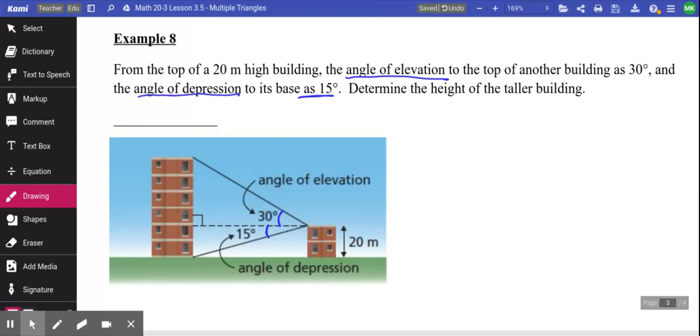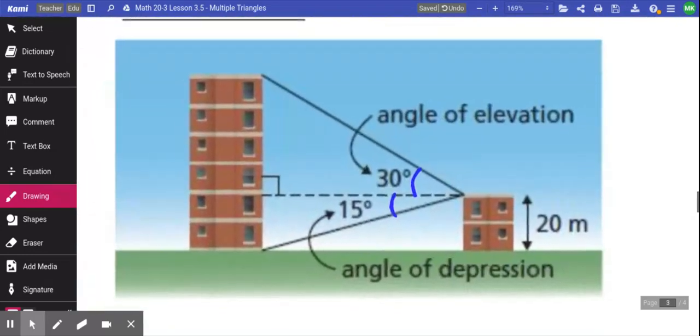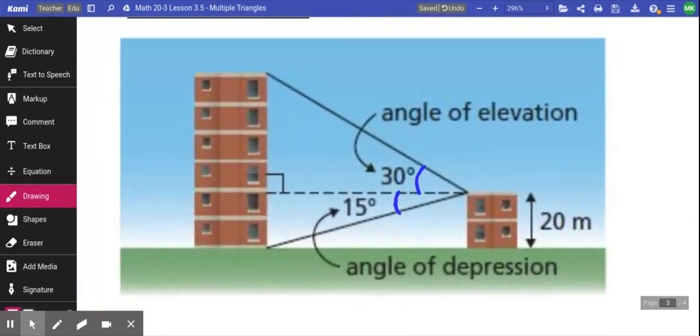It says determine the height of the taller building. I know this distance is 20, because it's the exact same distance as this building. They're both the same.